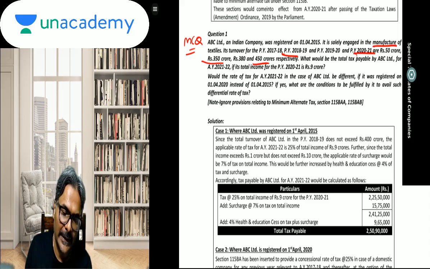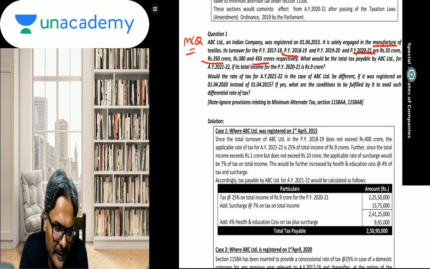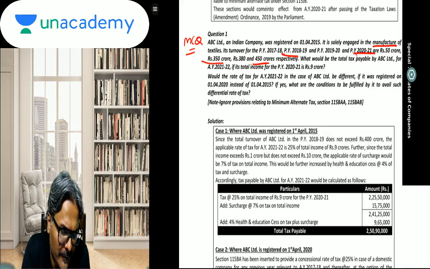It is solely engaged in the manufacture of textile. Its turnover for the previous years 17-18, 18-19, 19-20, 20-21 are rupees 50, 350, 380, 450 crores respectively. What would be the total tax payable by ABC Limited for AY 21-22?